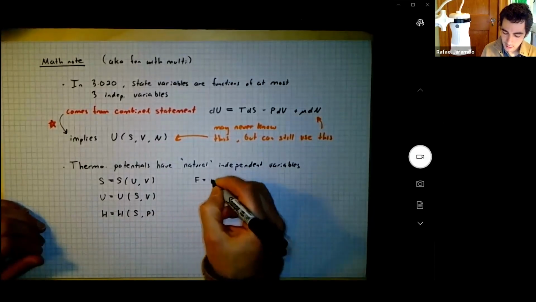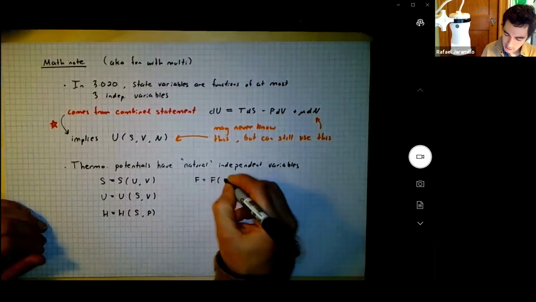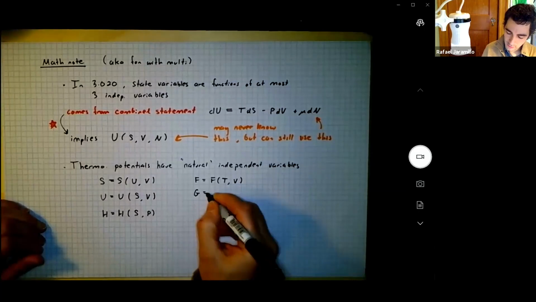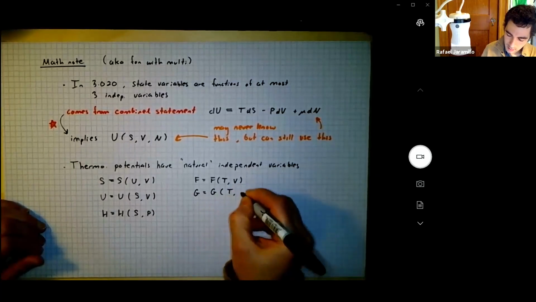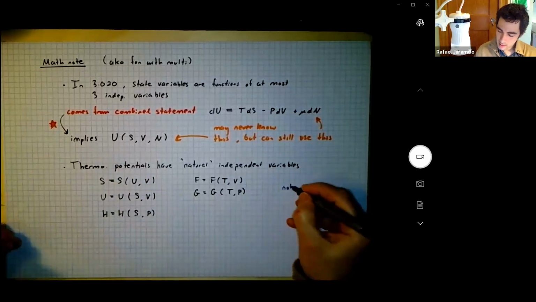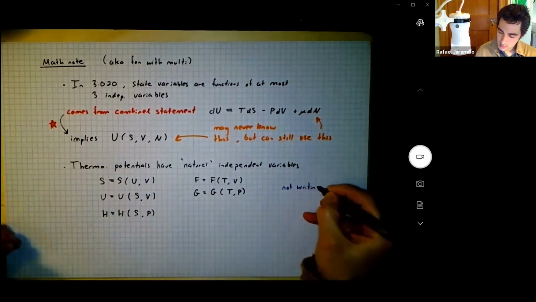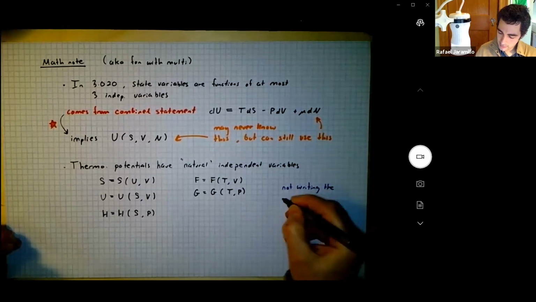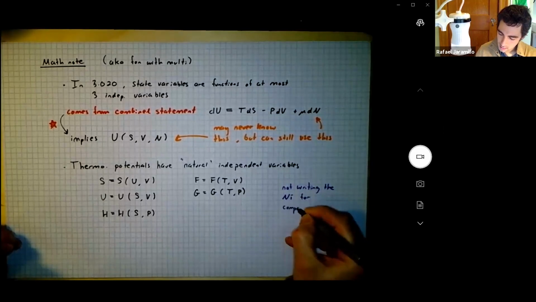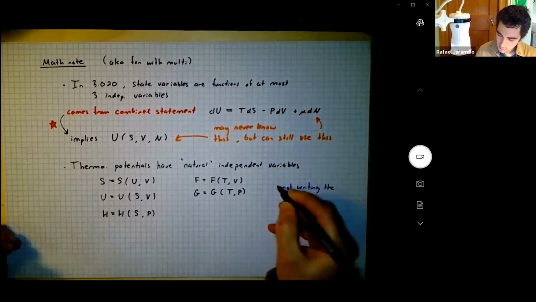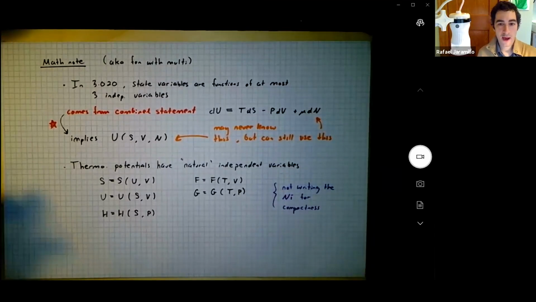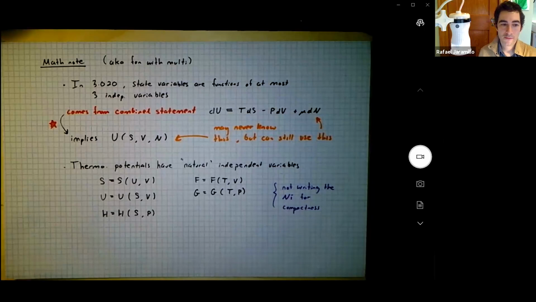For Helmholtz, its natural variables are T and V. And for Gibbs, its natural variables are T and P. And before you ding me here, I'm not writing the N's for compactness. Everything is also a function of the size of a system. I'm just leaving that off to keep the lines short.